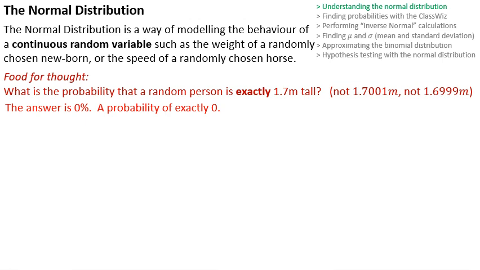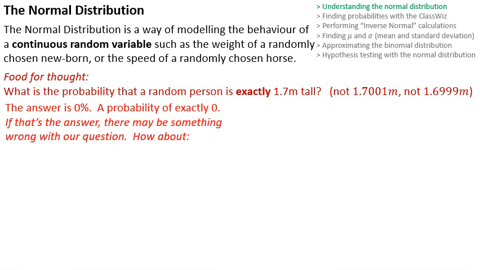Even if you know that someone is between 1.6 and 1.8 meters, the chance of them being exactly 1.7 is still 0, because there's only one number that's exactly 1.7, and there's an infinite number of numbers within any given continuous range.